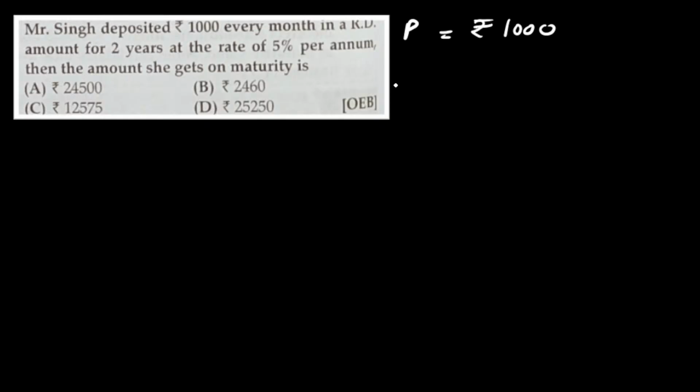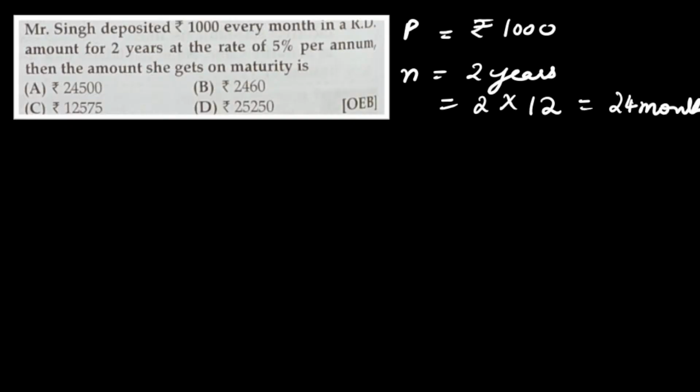That means N is given to us: 2 years. 2 years will convert into months. Most of the time, the time period is given to us in years, so we have to convert years into months. So N is equal to 2 years. So 2 into 12 we will do, because 1 year has 12 months. So 2 years has 24 months.